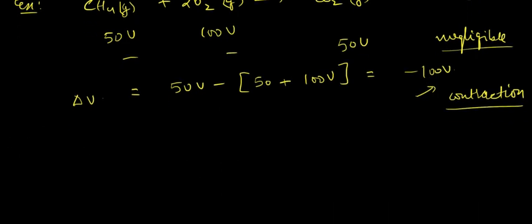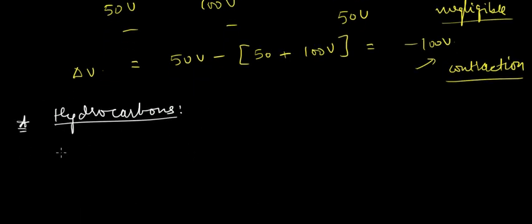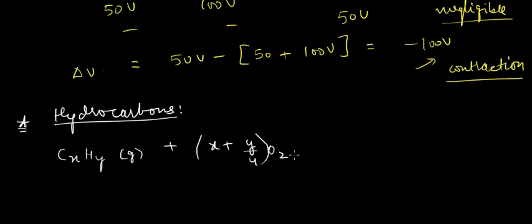Okay, now let's discuss some of the reactions of hydrocarbons. So a hydrocarbon CxHy in gaseous form reacts with x plus y by 4 moles of oxygen to form x moles of CO2 plus y by 2 moles of H2O.